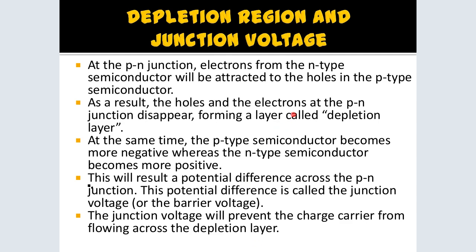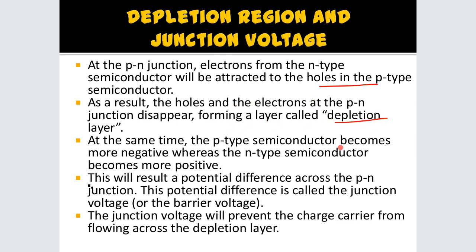So we talked about this one briefly. Electrons move from the N type to the P type. That results in the disappearance of the holes and electrons at this particular junction.